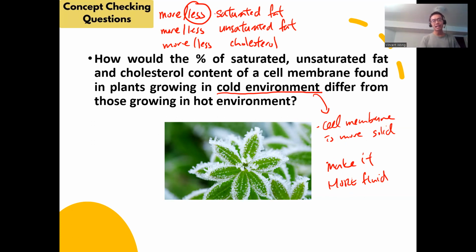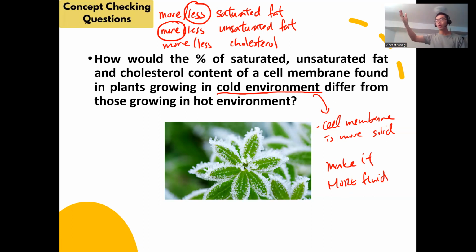So I need less saturated fat to make it more fluid. How about unsaturated fat? Do we want more unsaturated fat or less unsaturated fat if we want it to be more fluid? More fluid means more unsaturated fat. That's right. So the percentage of unsaturated fat is going to go up.